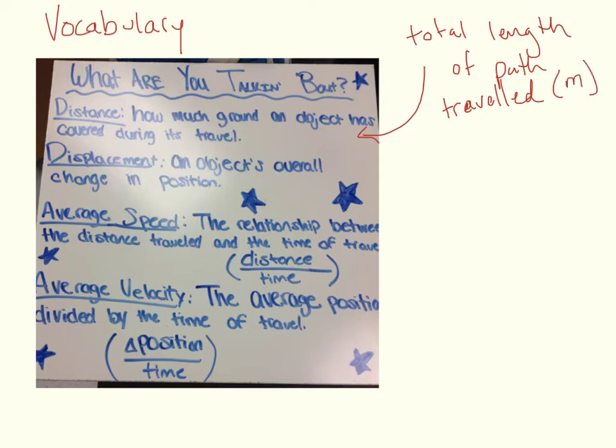All right, but how is distance different from displacement? So for displacement here, we have an object's overall change in position. Good, okay? Another way to define that is the straight line distance between the starting and finishing point.